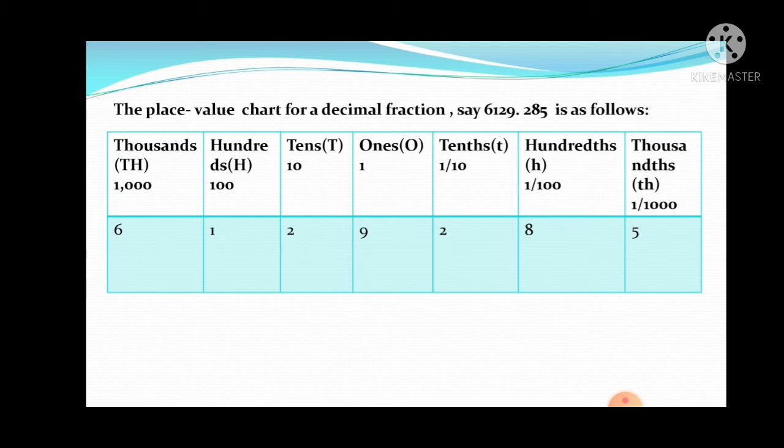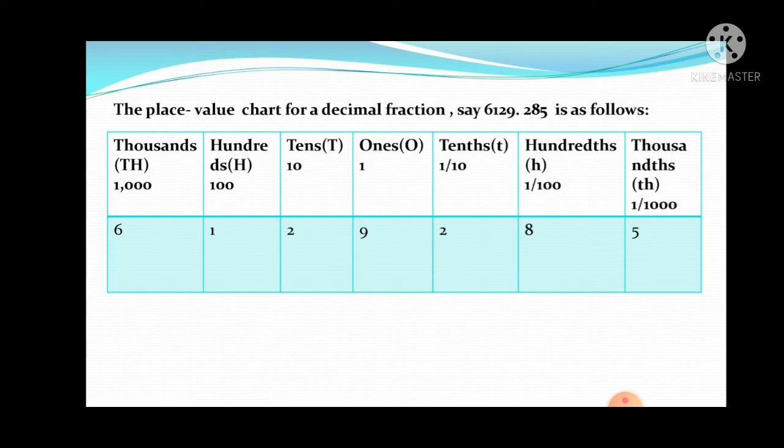Yes, after the point, those digits are called the decimal part. How do we write them? After the point we write tenths place, hundredths place, thousandths place. Here 6129: 6 is in the thousands place, 1 is in the hundreds place, 2 is in the tens place, and 9 is in the ones place.